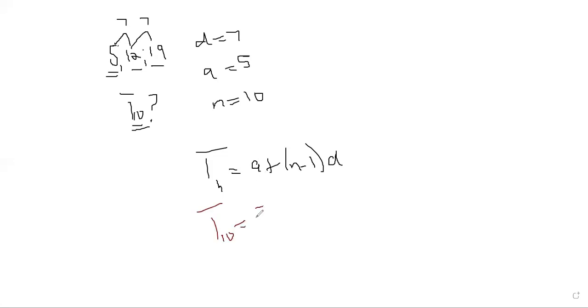A is 5, plus n is 10, minus 1, multiplied by D, which is 7. So 10 minus 1 is 9, and 9 multiplied by 7 is 63.